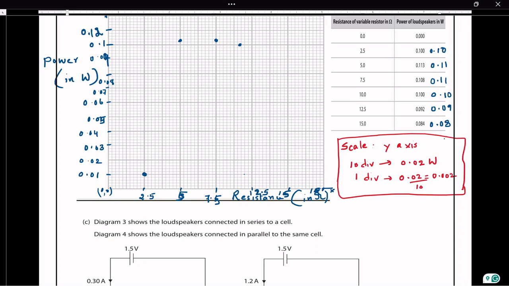So here is 12.5 and 0.09. Then 15 and 0.08, it's coming here. So let us join it. So we get a line.